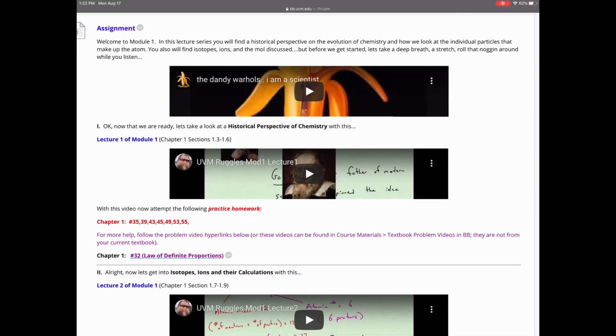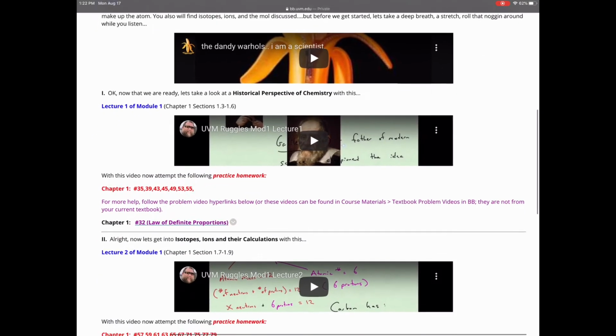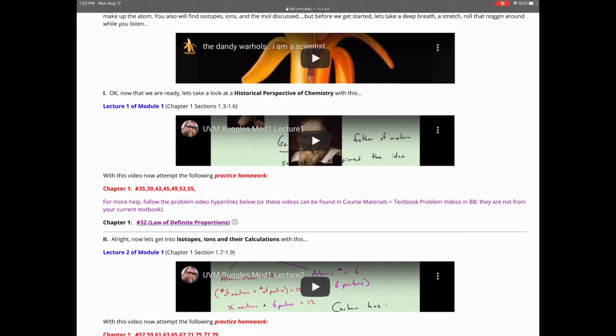Then below that video lecture, we have in red practice homework. Again, really important. Make sure that we have good understanding. We have to work these problems. And then if we're having some difficulty with the homework, we have in purple a link to some homework video. In this case, law of definite proportions.